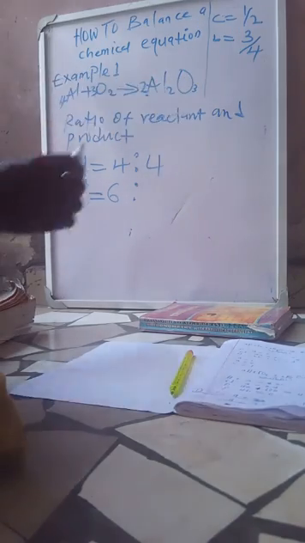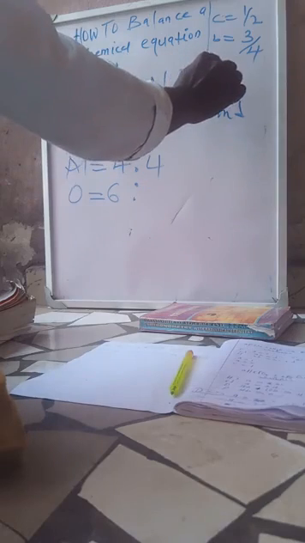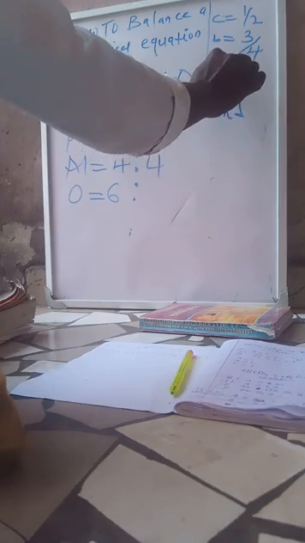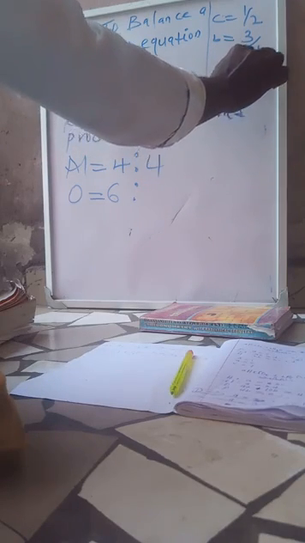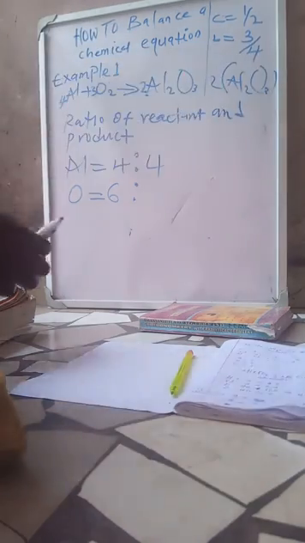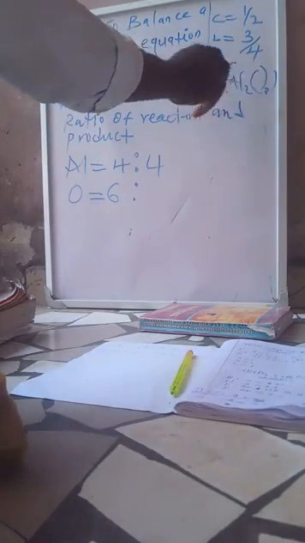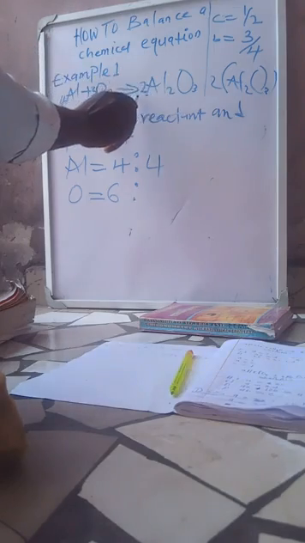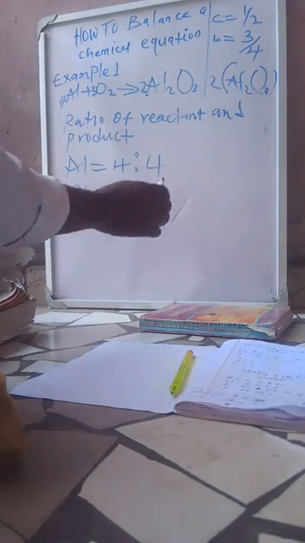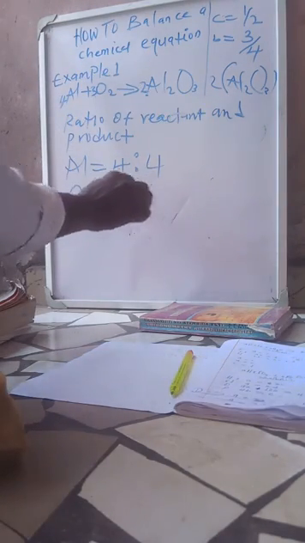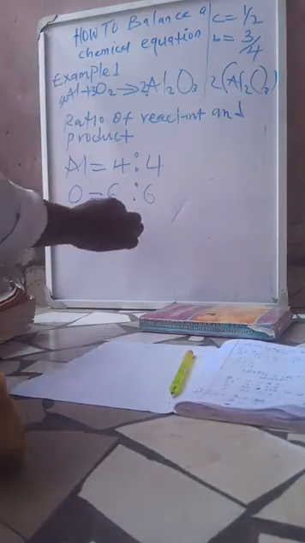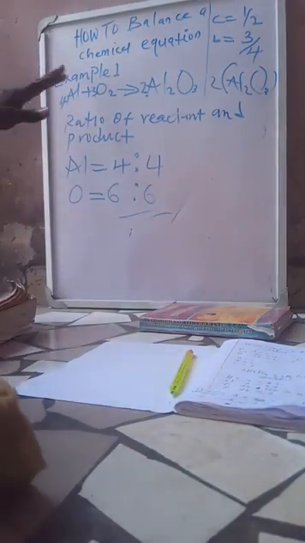It's just like it is written this way: bracket Al2O3, bracket close. So the whole 2 is starting this whole element here. So 2 times 3, we still have 6 of the oxygen on this other side. So it means that our equation is balanced.